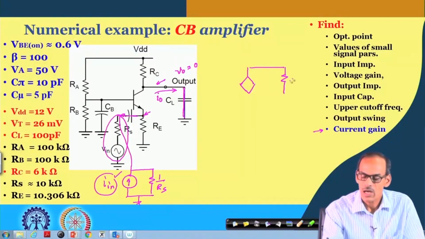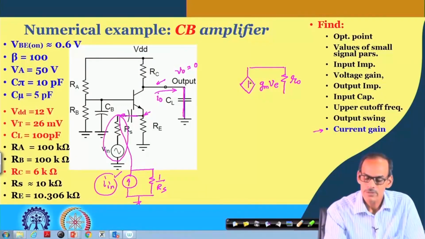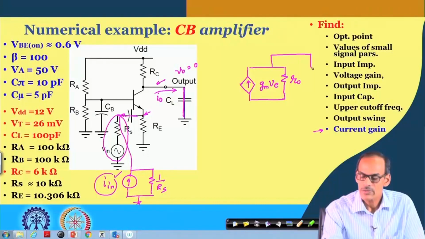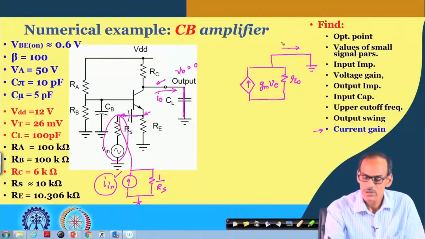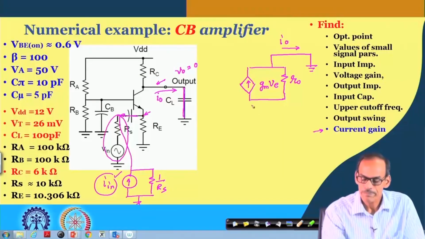And if you recall the small signal model here, we have this RO, we have the GM multiplied by VBE, and VBE is minus VE, and its minus sign can be taken out. So the small signal model of this circuit can be written like this, and then the output node is shorted, and we are observing the corresponding output current there.